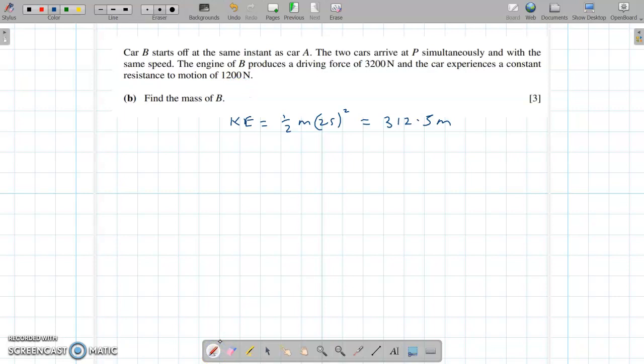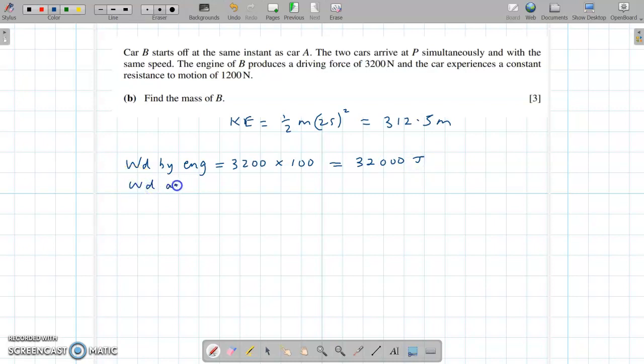Okay, so we can complete the equation. So work done by engine is force 3200 times the distance, which we calculated as 100. Okay, so the work done by the engine is 320,000 joules.